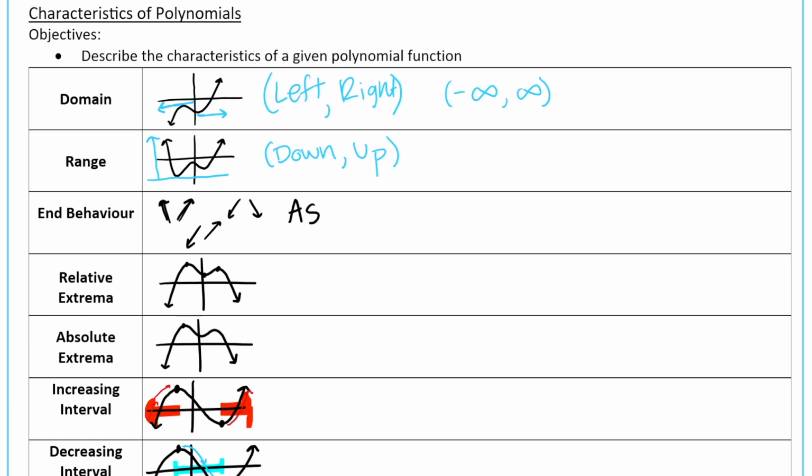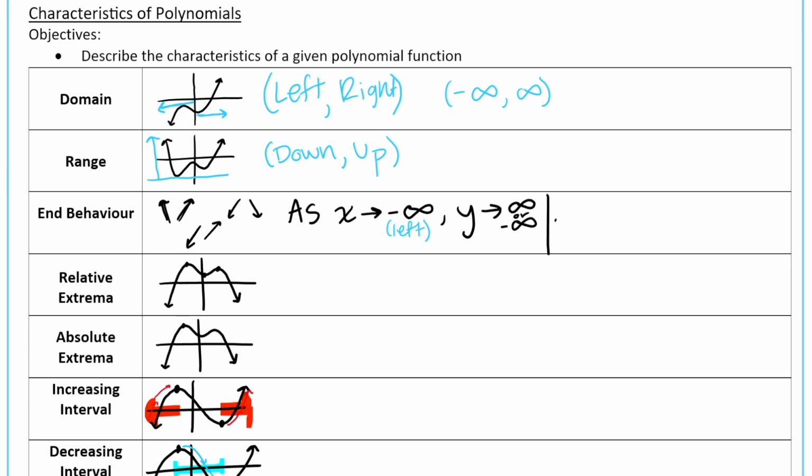What we'll usually say is as x approaches negative infinity, and remember, if we're traveling on a coordinate grid and x is going to negative infinity, that would be towards the left. So really we're just saying as you look to the left, y either goes up to positive infinity or goes down to negative infinity. You'll pick one or the other.